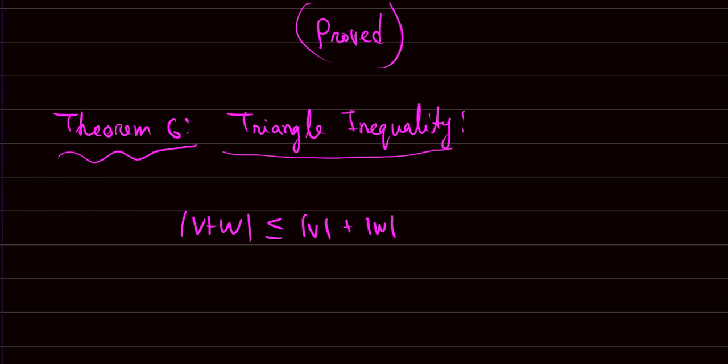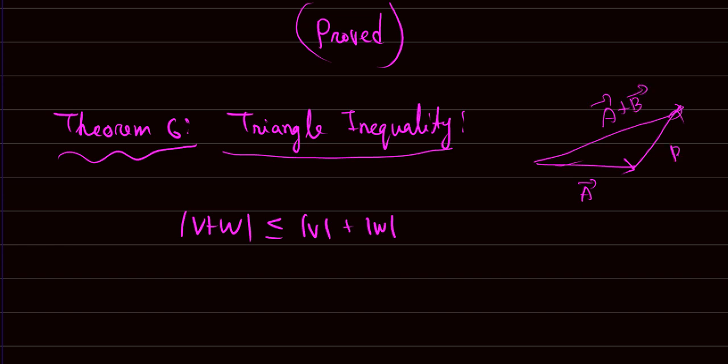Again, if you want to visualize it, you can think of our three-dimensional vector. In three dimensions we saw that if this is a vector, this is another vector, this will be the summation of these two vectors.